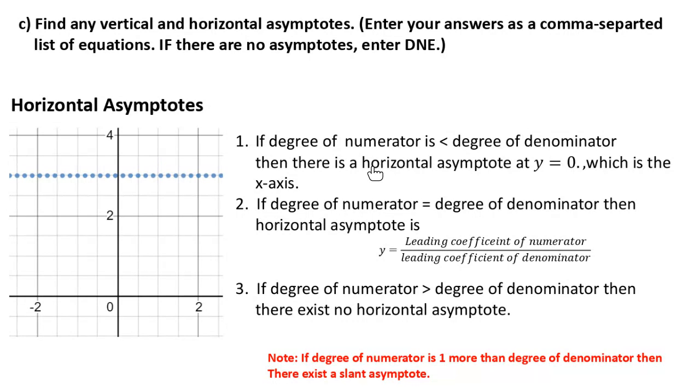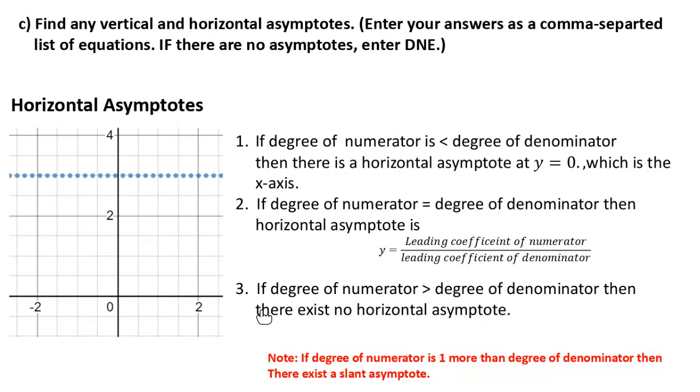The second possibility is when the degree of the numerator is equal to the degree of the denominator. If that happens, to find the horizontal asymptote, we're going to look at the leading coefficient of the numerator divided by the leading coefficient of the denominator. And you'll see an example here in a second.